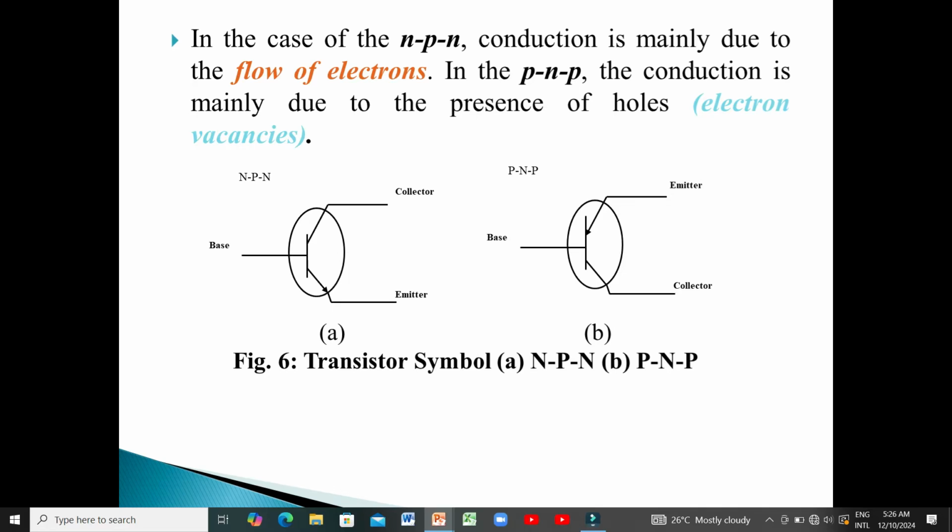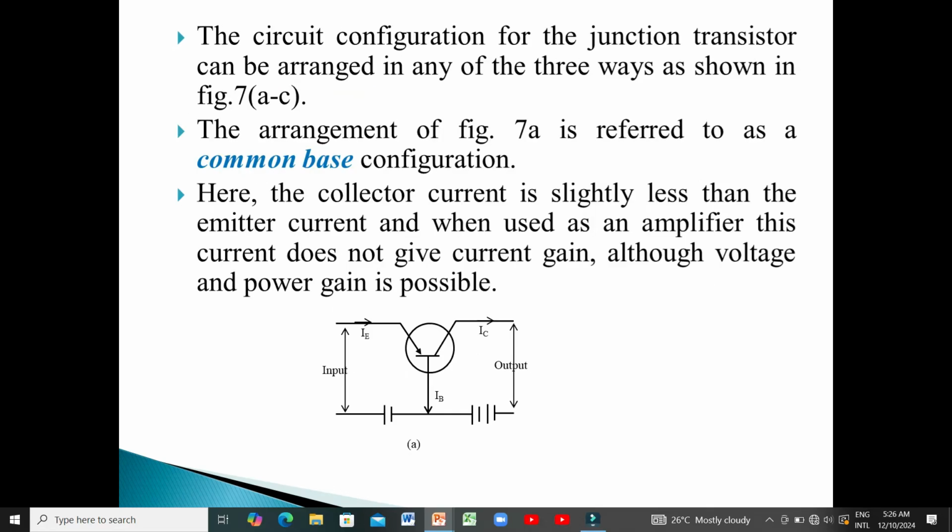So, Fig 6a shows the convention of the NPN. Here, the arrow in the emitter is pointing out, while in the PNP, the arrow is pointing in. It is important to note the convention.